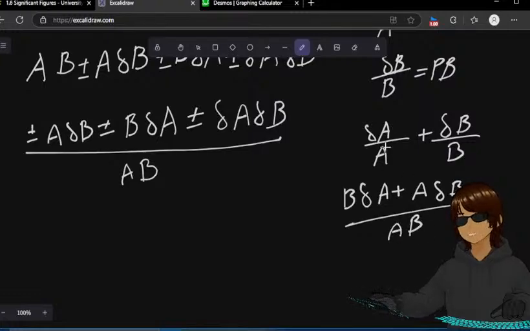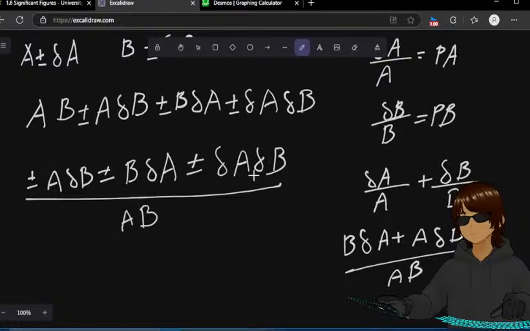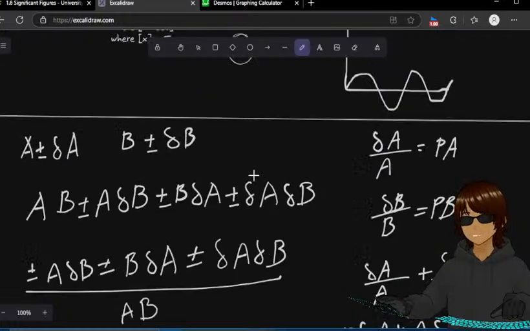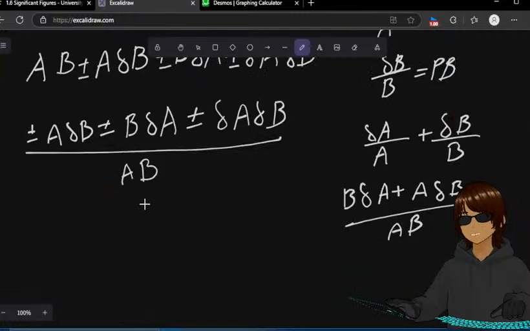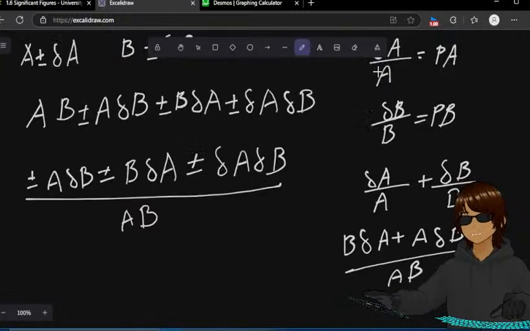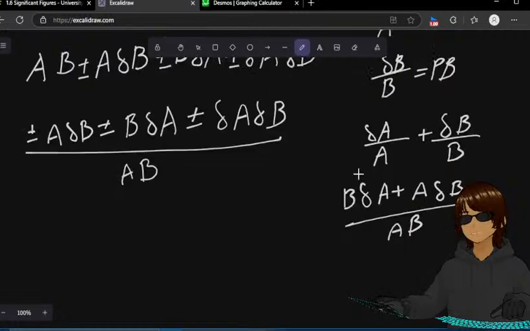We multiply both sides with B and we multiply this both sides with A and then we can add them. So we have this. But this and this are not the same because of this. So when we do multiply them, we get this as the percentage uncertainty, which is different from adding the percentage uncertainty directly.